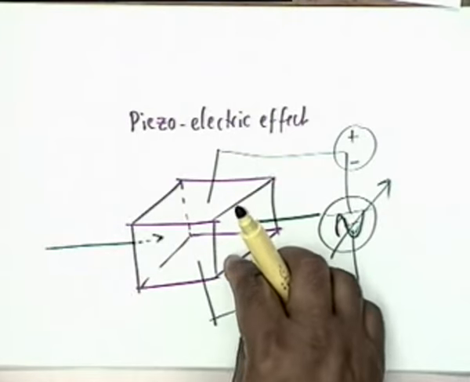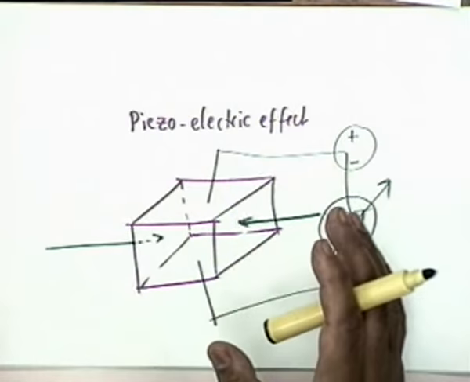This is what is utilized in a crystal oscillator. You apply a field which produces mechanical resonance, and if the Barkhausen criterion is satisfied, then the oscillations are self-sustaining.